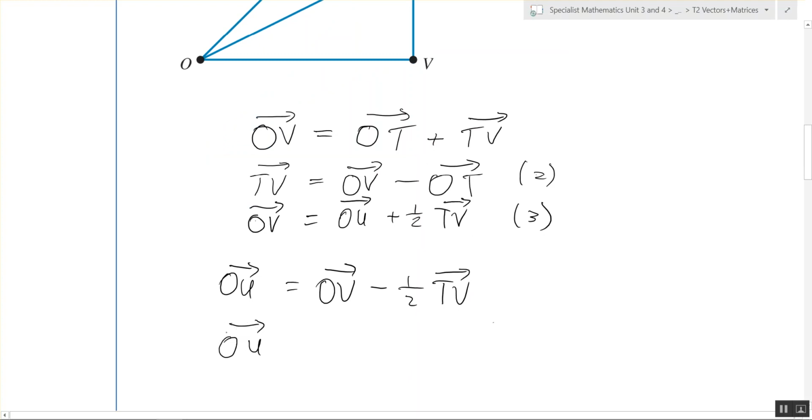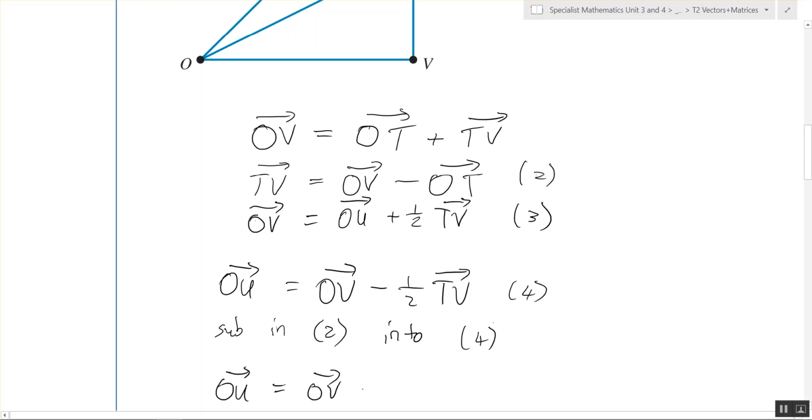It's probably good to justify. Sub in: OU equals OV minus half of OV minus OT.